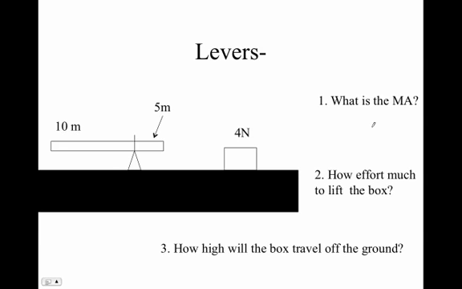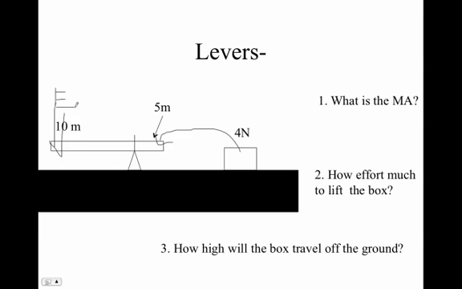Let's see if we can do some calculating now. Okay, here's our lever. We're going to put our box right here on the end. The box is 4 newtons. We're going to push down here, so there's our effort force, E for effort.